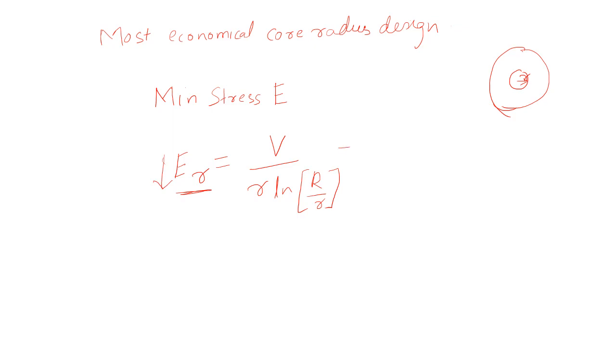For that minimum, we need the minimum value of this quantity. Okay, and we can operate at very low voltage also to have minimum stress, but voltage is a constant and this is a limitation for us. So we can't operate at low voltage just to get minimum stress.